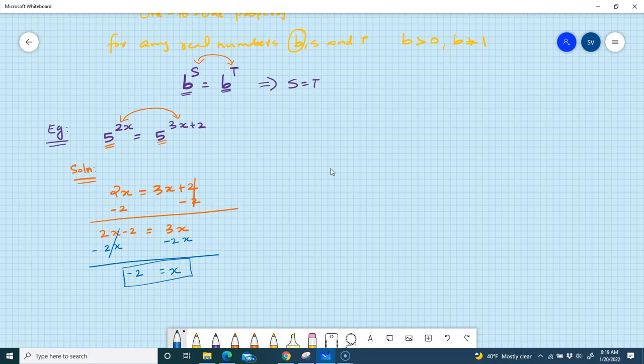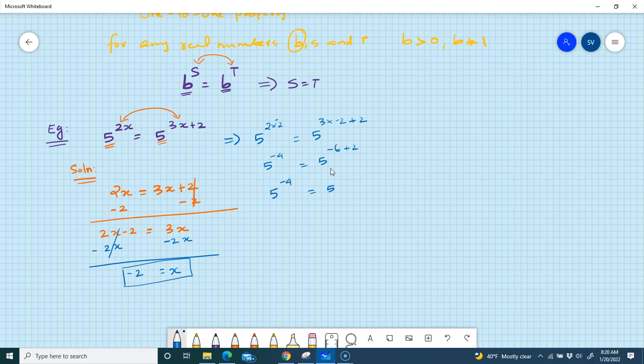So when x is equal to minus 2, the equation will be 5 to the power 2 into minus 2 equal to 5 to the power 3 into minus 2 plus 2. 5 to the power 2 into minus 2 is 5 to the power minus 4, equal to 5 to the power 3 into minus 2, which is minus 6, plus 2, that is 5 to the power minus 4.